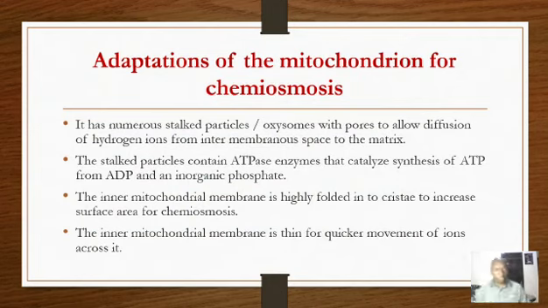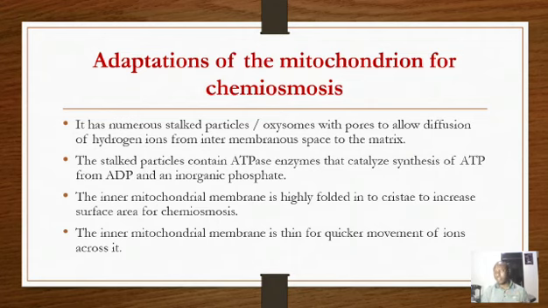Because we have noted that chemiosmosis totally occurs within the mitochondrion. Protons move from the matrix to the intermembrane space, then from the intermembrane space across chemiosmotic channels back to the matrix. Therefore, what are the adaptations of the mitochondrion for that?